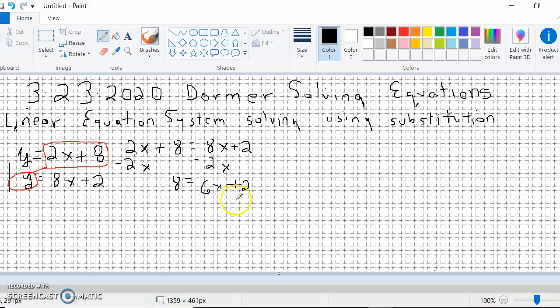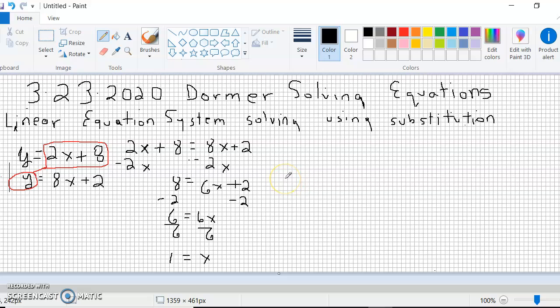Okay, I want to get rid of this plus 2, so negative 2 over here, and then a negative 2 over here. So that gives me the following. So this would be 6 and 6x. So this is easy because now I just divide this by 6, this by 6, this becomes 1, and x is equal to 1.